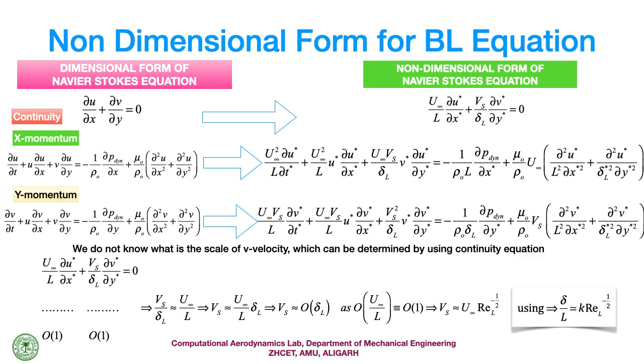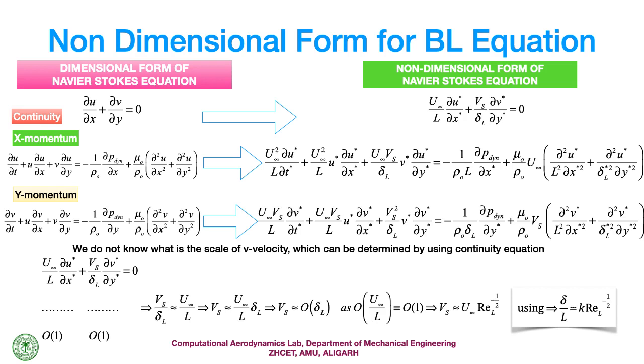So now in del u by del x, since u by u infinity is equal to u star, instead of u we substitute u star times u infinity.